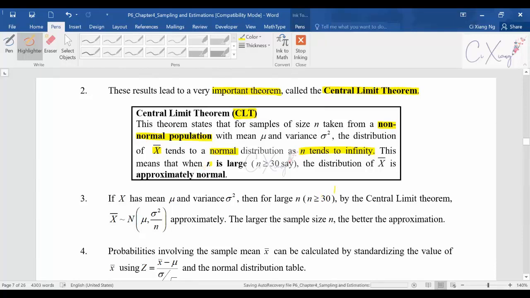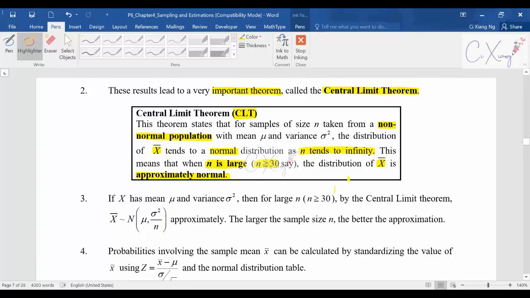As a reference, when n is large, they set n greater than or equal to 30, then the sample mean is approximately normal. So in short, for the central limit theorem, for all non-normal populations, your sample mean will be normally distributed if n is greater than or equal to 30. That's the meaning of the central limit theorem.